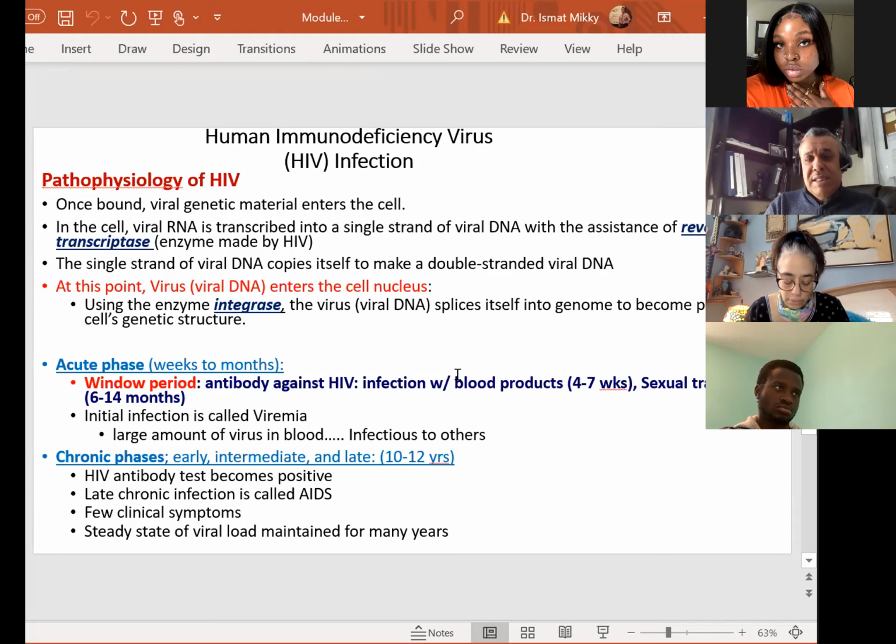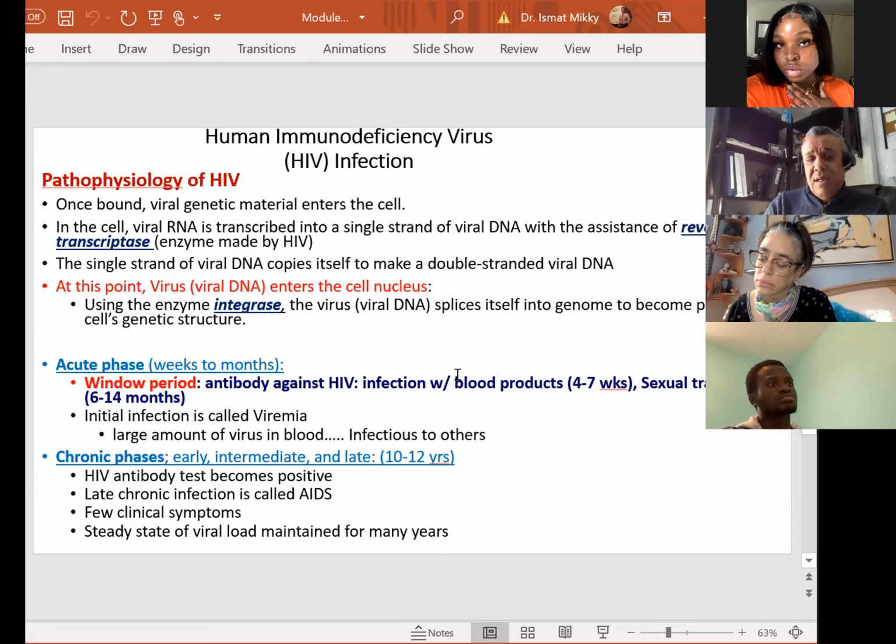Some patients stay in that acute phase and never progress to the chronic phase because they are compliant with the medications, with the antiretroviral meds. So one of the criteria to identify that the patient has entered the chronic delayed phase is once they develop one of these opportunistic infections that I mentioned earlier, in addition to other criteria.